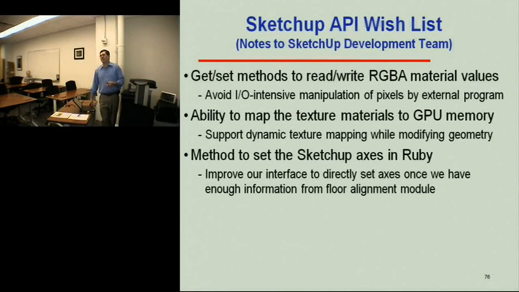And we want a method to set the SketchUp axes in Ruby, because Ruby is the programming language we use for all this. We want to be able to do this so that we can improve our interface to directly set the axes once we have enough information from the floor line. So if these methods were available within the SketchUp API, that would make our job a lot easier.